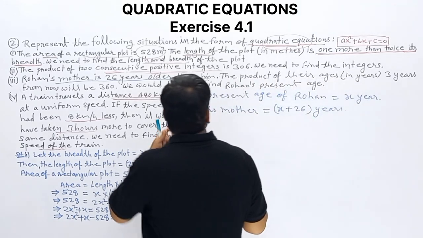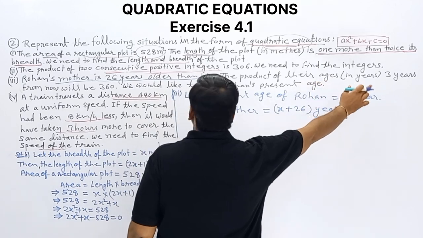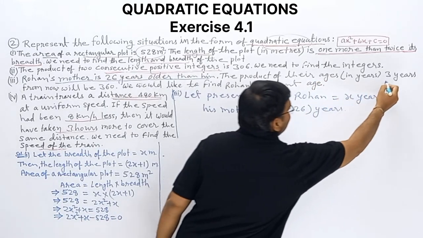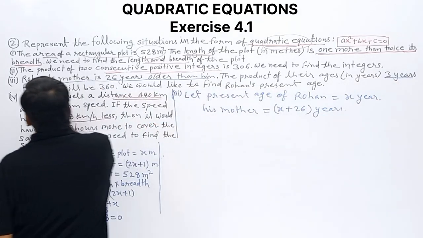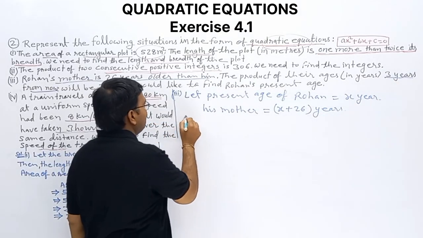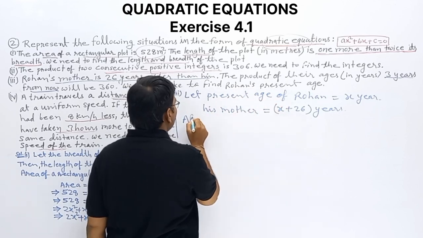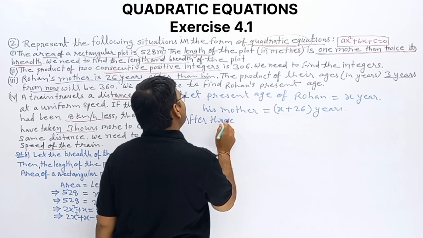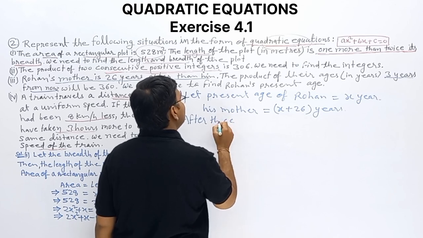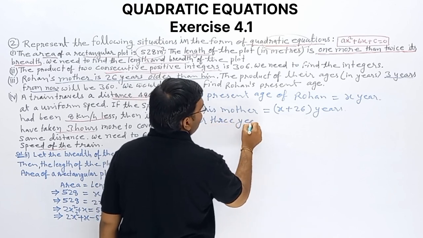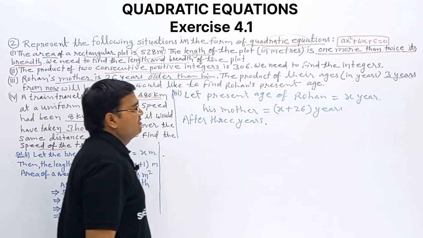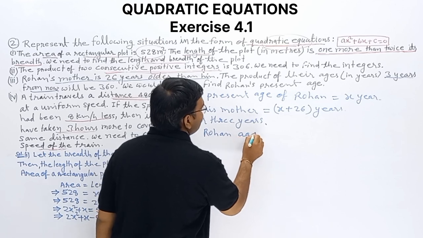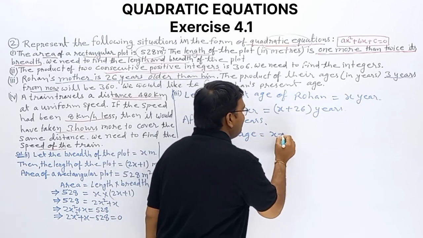Now after this, the product of their ages 3 years from now. Observe this one, 3 years from now. It means this is the present situation. After 3 years, Rohan's age equals x plus 3.